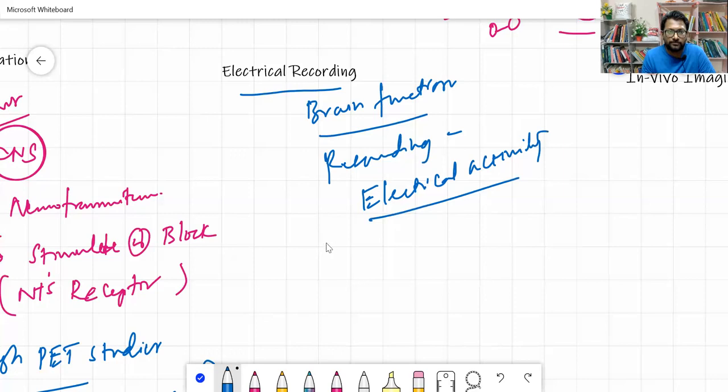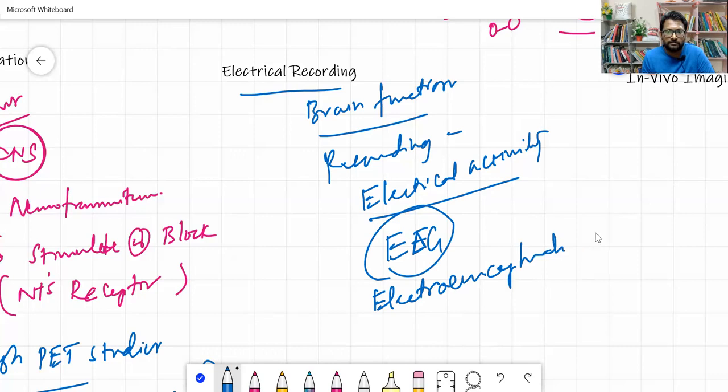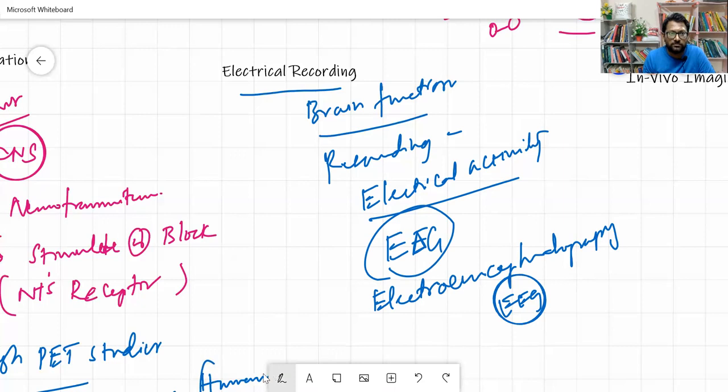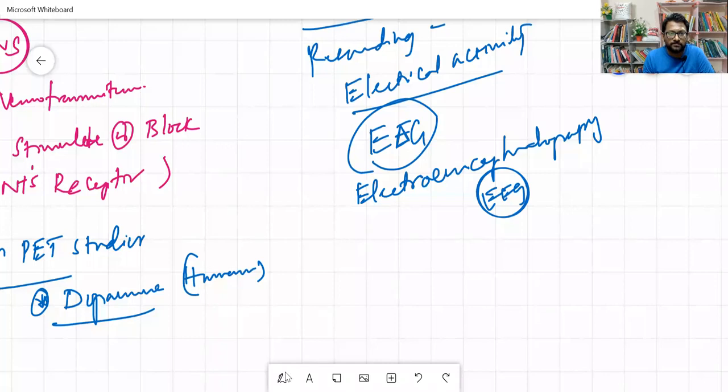And coming to electrical activity in EEG, EEG meaning electroencephalography. The surface recording is possible because the electrochemical activity of the brain is conducted passively through the meninges, so that we can even study the surfaces.